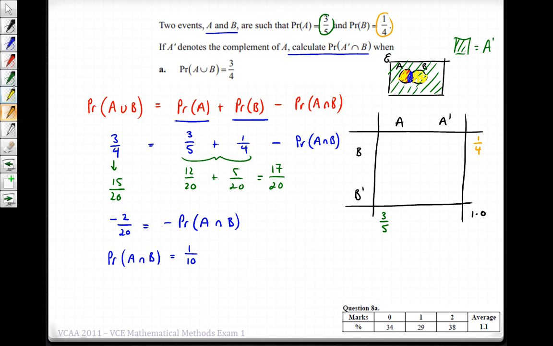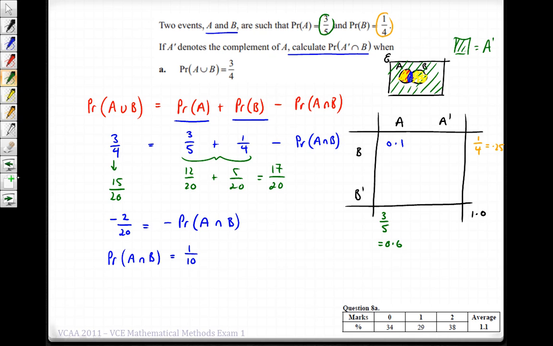And we've just found in the blue that the intersection between these is 1/10. So might also be easier to see that as sort of 0.1. And that guy down here would be 0.6. The orange would be 0.25.